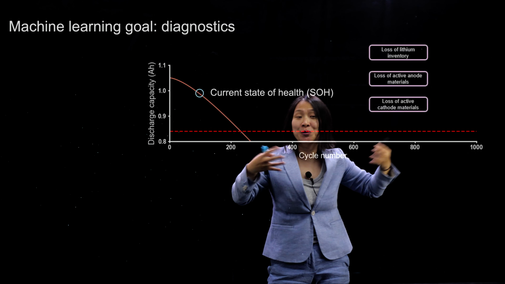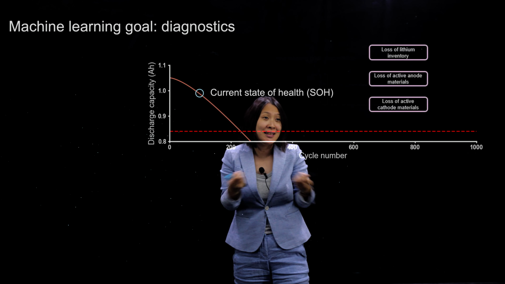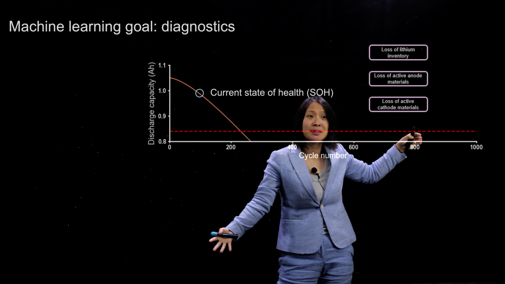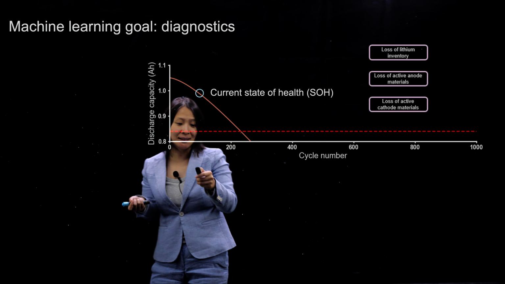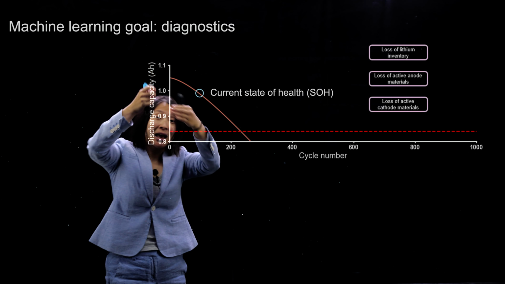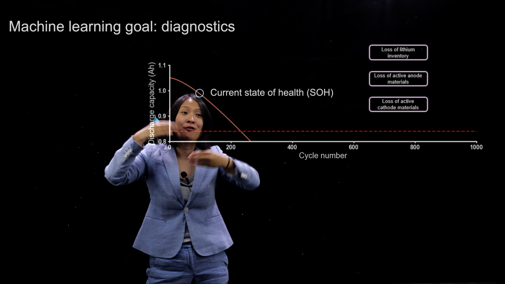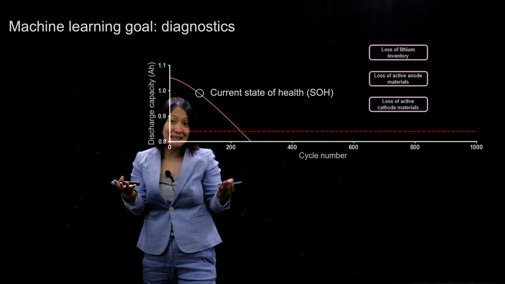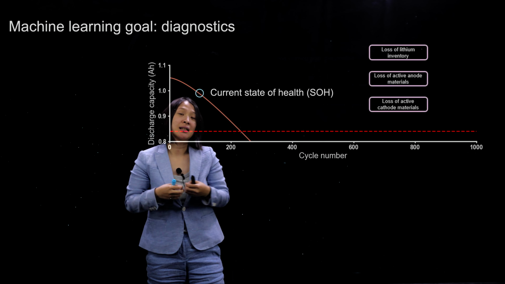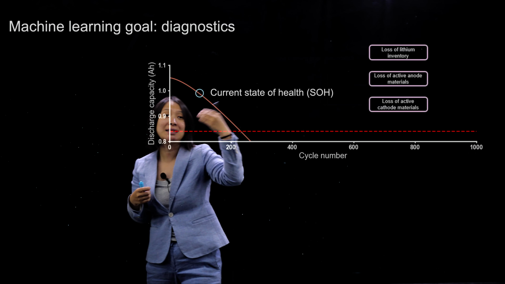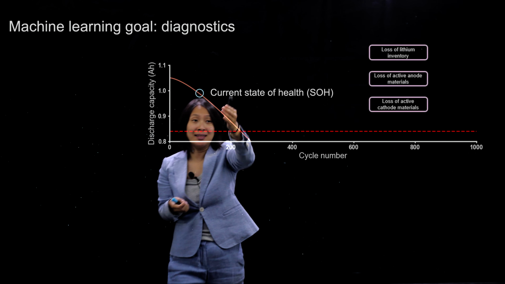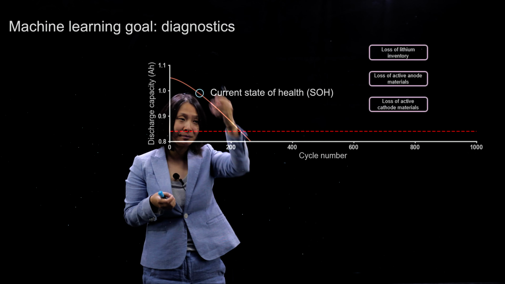It will help us understand what's happening inside our batteries as they go through their degradation pathways. So with that in mind, we can take the information up to now, often in the form of time series data of battery cycling, the current, the voltage, the temperature, all this information, to help us estimate, for example, the current discharge capacity at this given point.